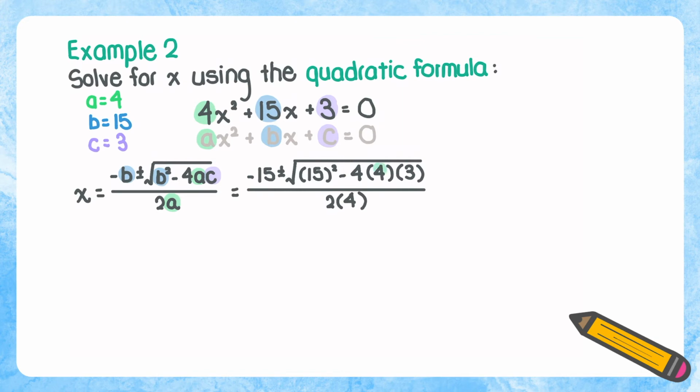So for this problem, our a value is 4, b equals 15, and c equals 3.